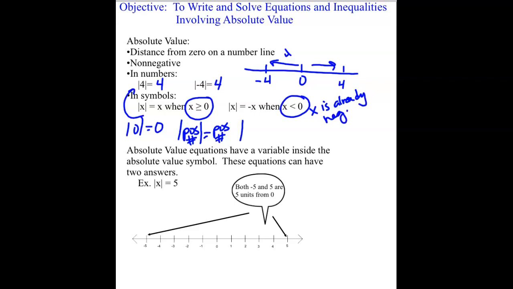When we take the absolute value of a negative number, we are going to get the opposite of what we started with. So if we started with a negative number, it's going to come out as a positive number. So the absolute value of a negative number is going to come out as the opposite of that negative, which is going to be a positive number.